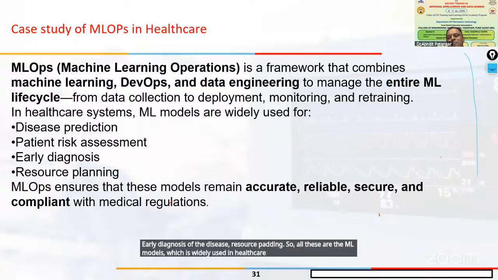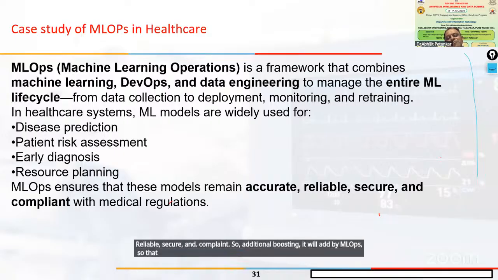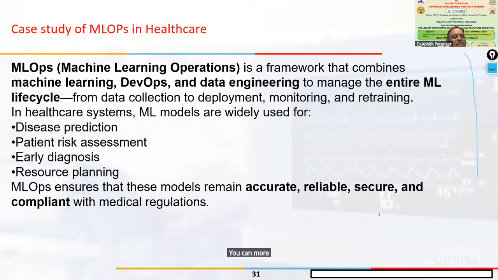So what does MLOps do to enhance this? MLOps ensures that these models remain accurate, reliable, secure, and compliant. So additional boosting is added by MLOps, so that the existing ML model becomes more accurate and you can rely on it more. Suppose some new disease comes tomorrow and you are not able to identify it.